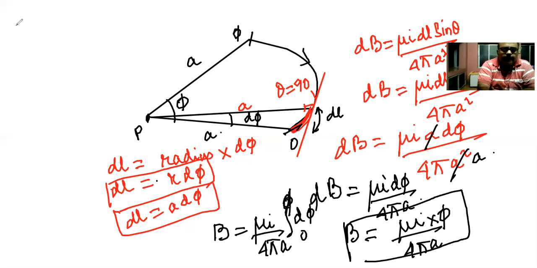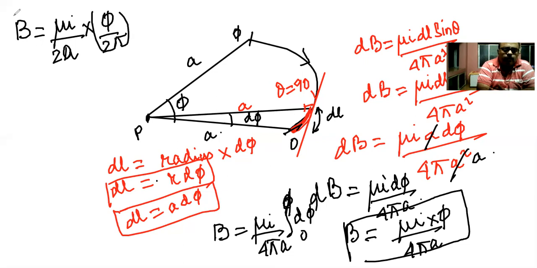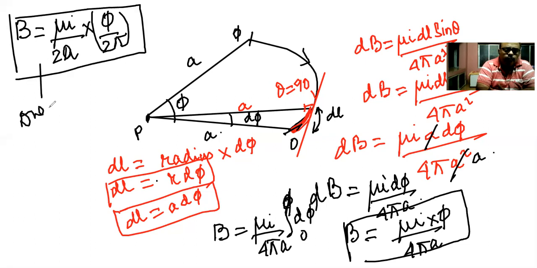So hence magnetic field B is equal to mu I by 2a into phi upon 2 pi. So that will be better written as phi upon 2 pi.